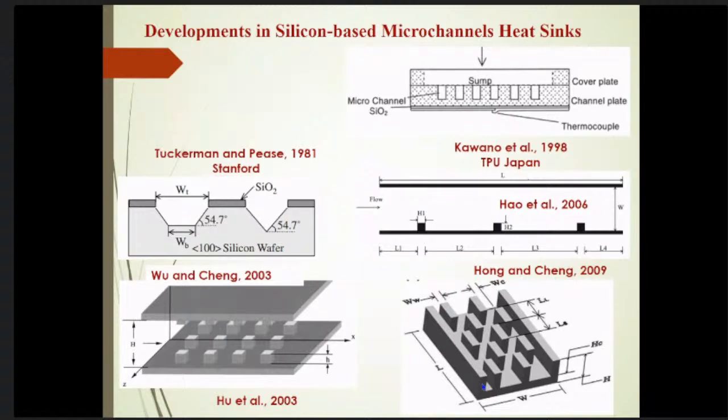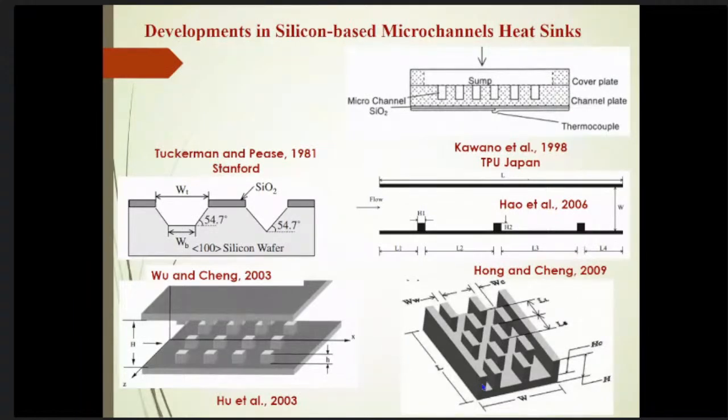Passive enhancement techniques mean changing the geometry of the channel or any fluid-carrying passage, so that you can maximize the area and minimize the flow resistance. One purpose is to maximize the contact surface area of the coolant, and the other is to minimize the flow resistance, the pressure drop. This is a trade-off that we need for a proper design of the cooling channels.